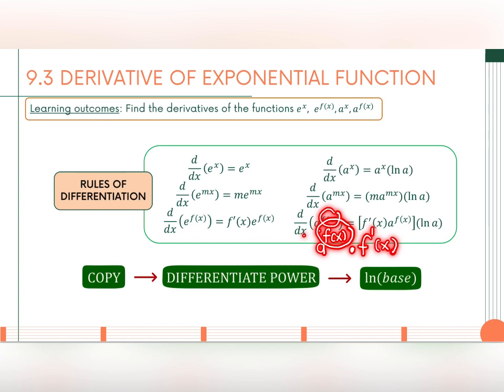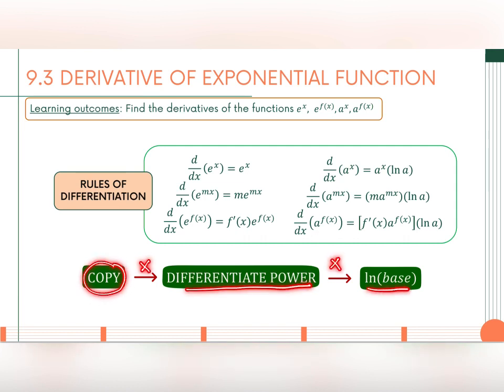Kemudian kita akan darabkan dengan ln of the base. Base kita adalah a. So kalau perhatikan kat sini, kita akan dapat these answers. Ini adalah cara untuk kita differentiate exponential function. So ingat sahaja step-step ini: salin, copy, darab dengan differentiate power, darab dengan ln base.